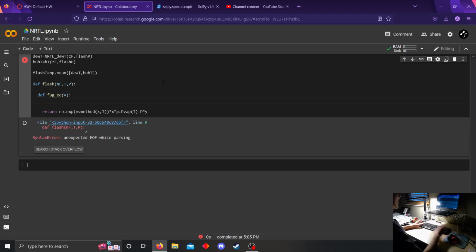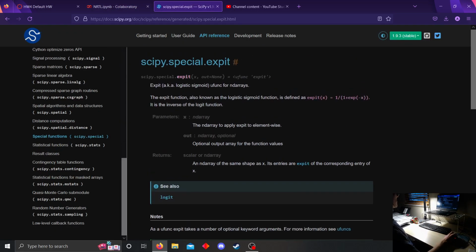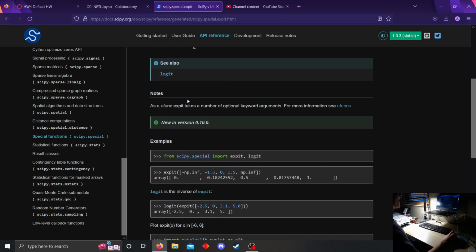So for that, we're going to have the moles of vapor. To do this, we're going to use this thing called expit. Like q to x or x to q, what we were using before, it's a variable transformation.